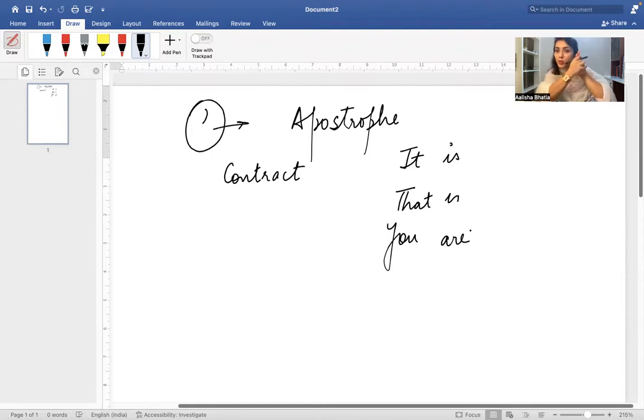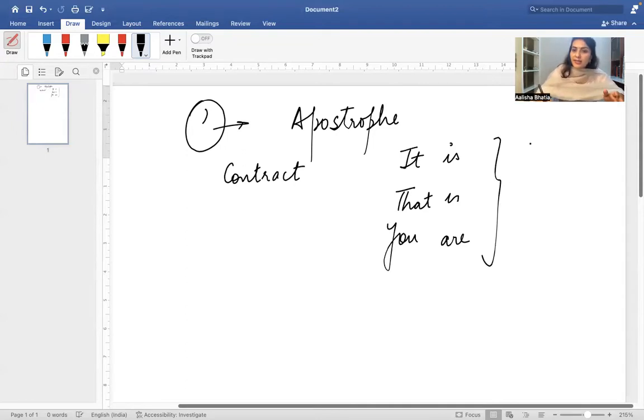We join these two words together to make one word, and that's how our spoken language sounds more natural. When it comes to IELTS, though we do not use contractions in task 2, where most people want to keep it formal, in writing task 1 for GT, in case you are given an informal letter, we have to use an informal tone. There is no other way around, so there we have to use contractions.